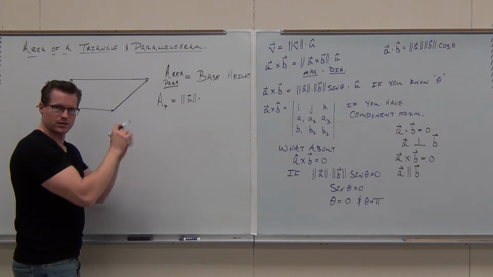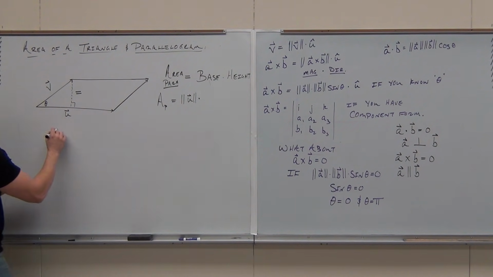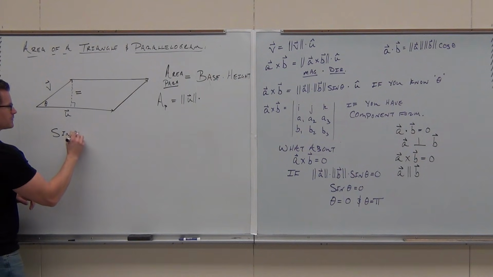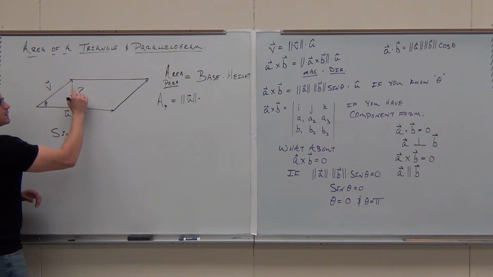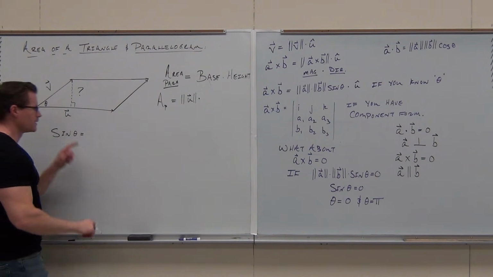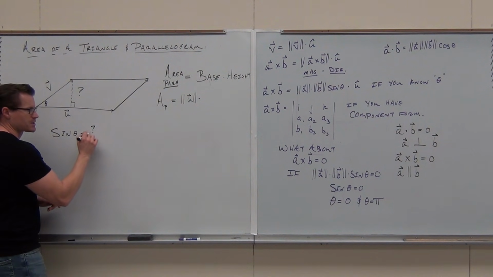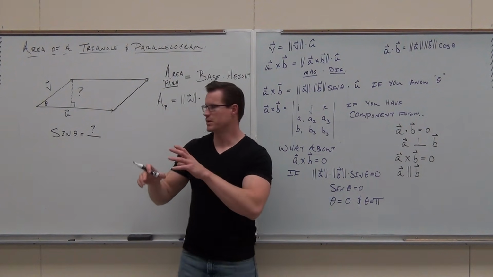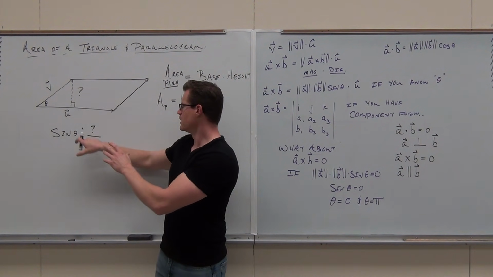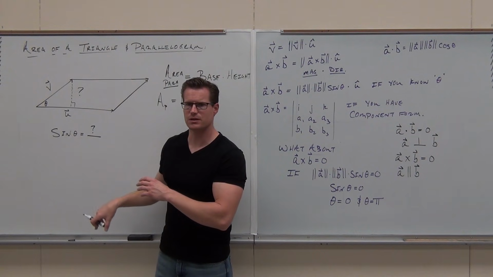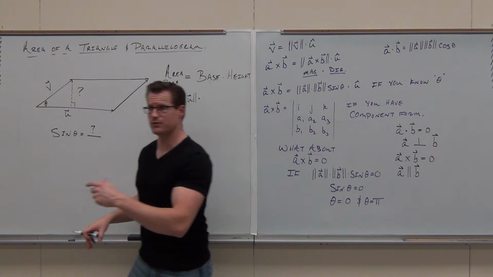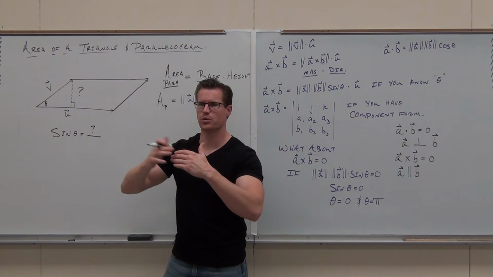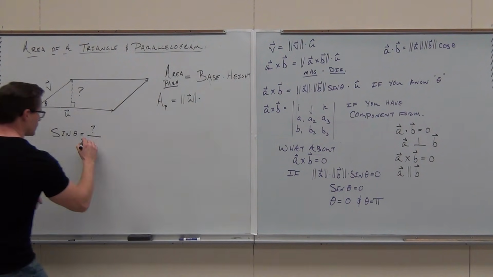So this right here, let's call that question mark just for a second. Sine theta is opposite over hypotenuse, correct? So it'd be question mark, whatever that happens to be, over what's this thing? Magnitude. Yeah, it's not v, it's just the magnitude of v, just the length of that side. That's how trigonometry works, just lengths of sides.